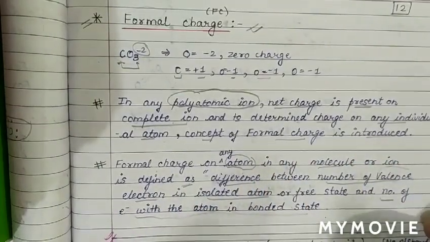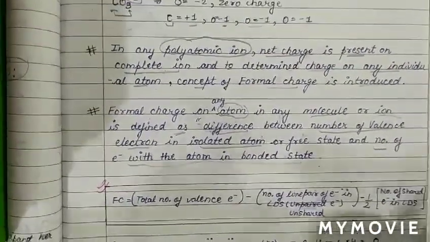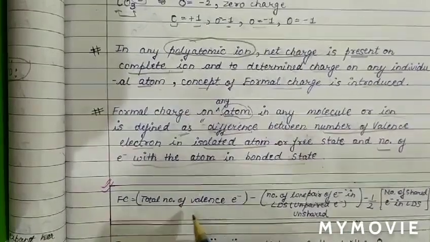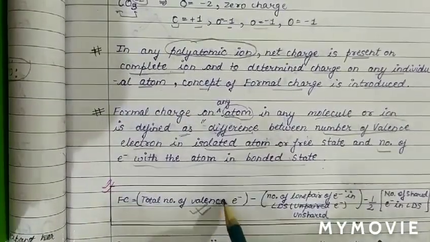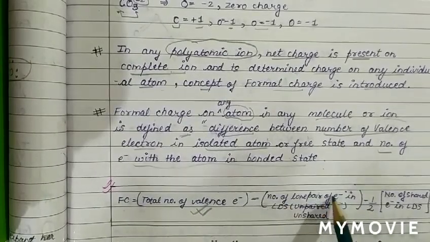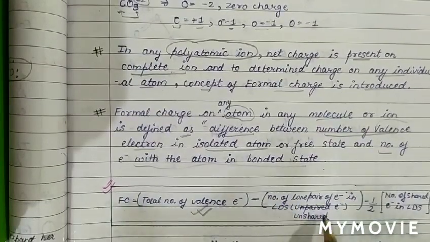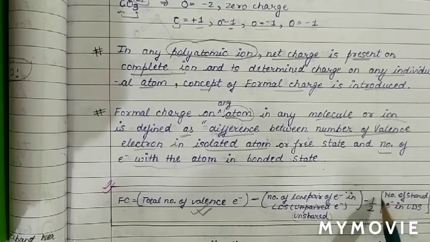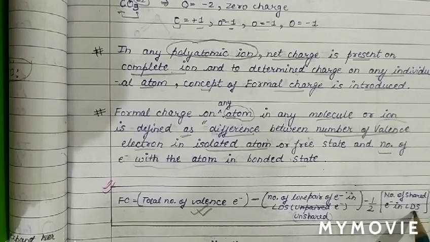See how we calculate the formal charge. Basically the formal charge calculation is based on: formal charge equals the total number of valence electrons minus the number of lone pair of electrons, also called the number of unshared electrons, and minus half of the number of shared electrons in the Lewis dot structure.